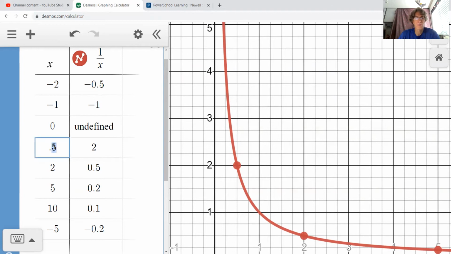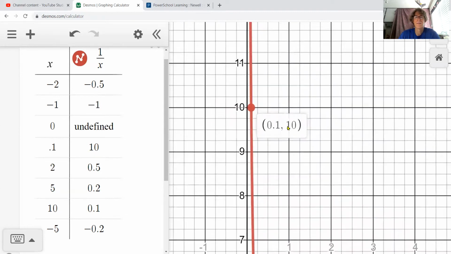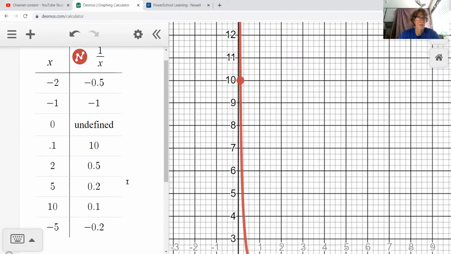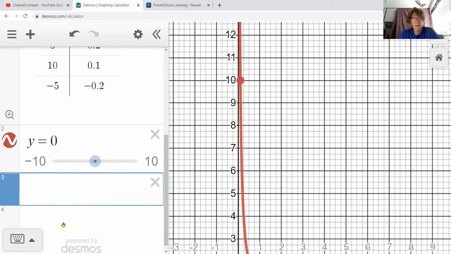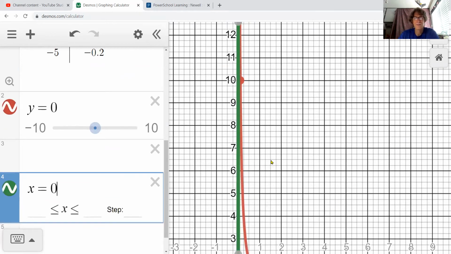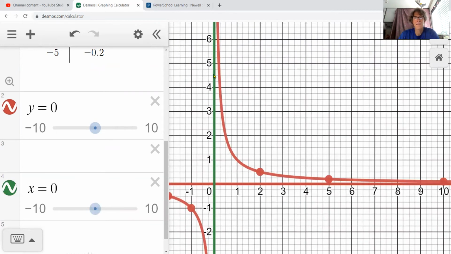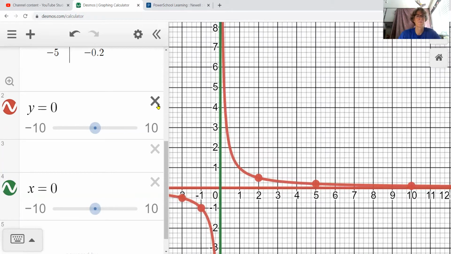If I put in even a smaller number, like 0.1, it's way up here. But notice it never gets to 0. So I could also pretend that there's an up and down line at x equals 0. That's a vertical asymptote. So x doesn't want to be 0, and y doesn't want to be 0.